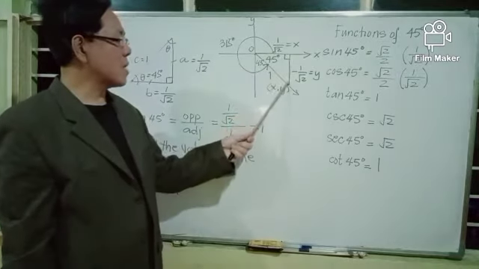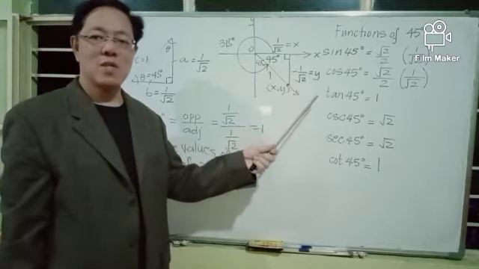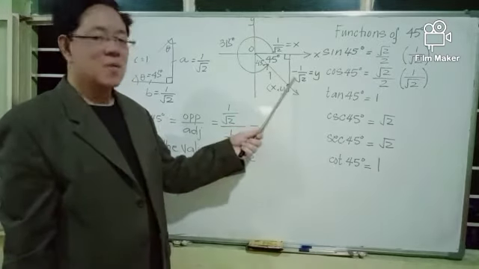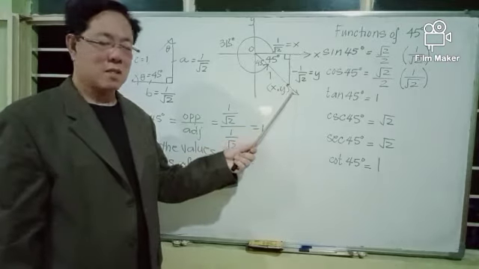But the length of this side of this isosceles right triangle is positive 1 over square root of 2. The negative here indicates only that the point is below the x-axis.